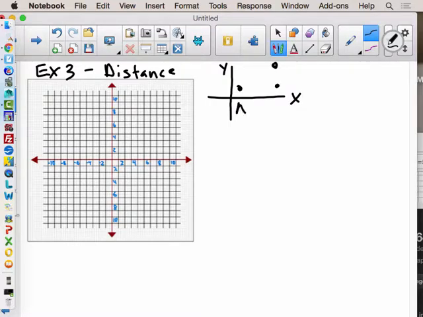Actually, if I have a point A here and a point B here, and then I draw a line segment between them, I can take, if I go from here to here, and from here to here, well, that makes a right angle triangle.